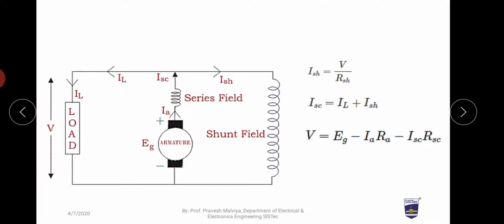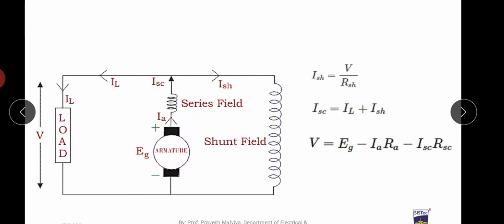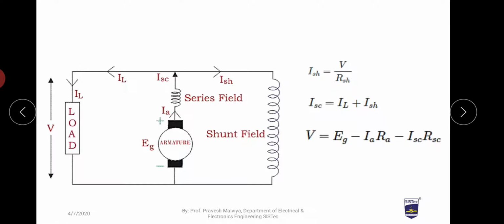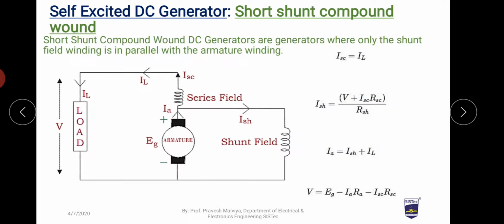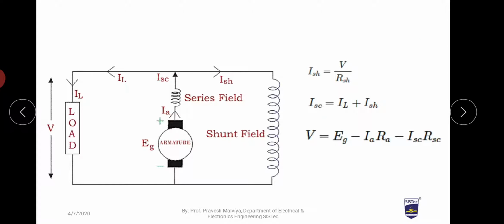Here a series combination of armature and field is connected in parallel with another field. Once again, for better understanding, I go to the previous slide. Here a parallel combination of armature and field is connected in series with a field, and here a series combination is connected in parallel with another field.